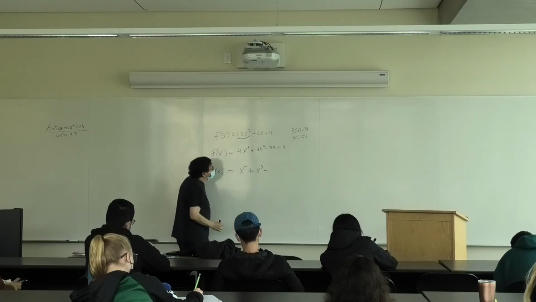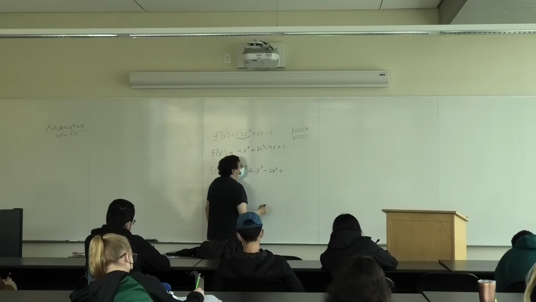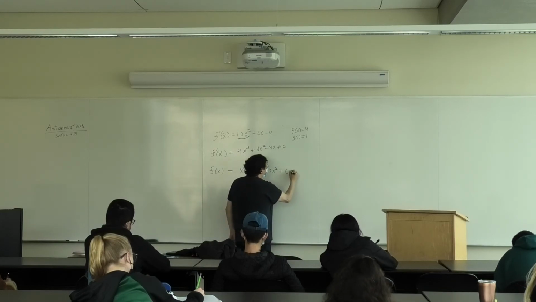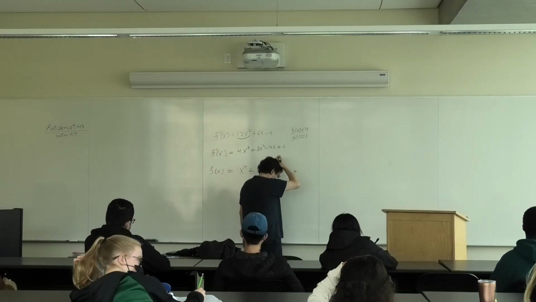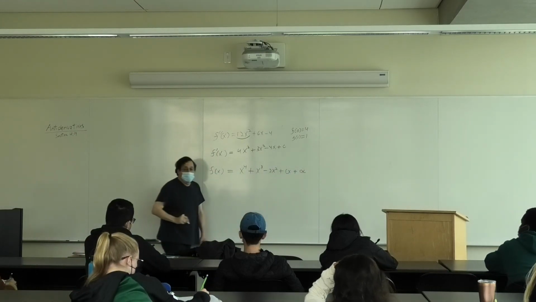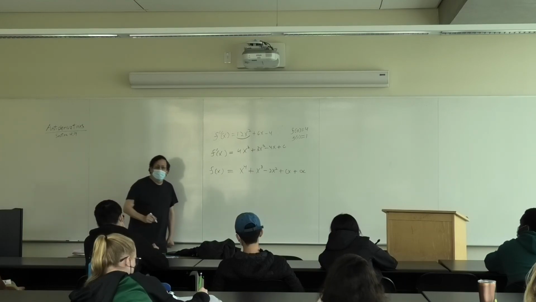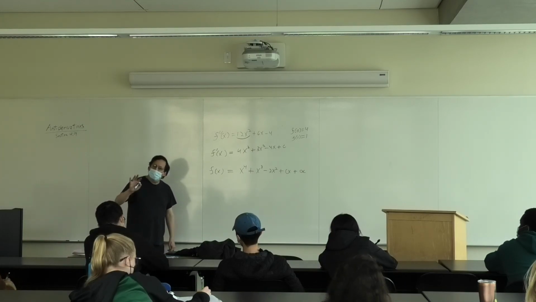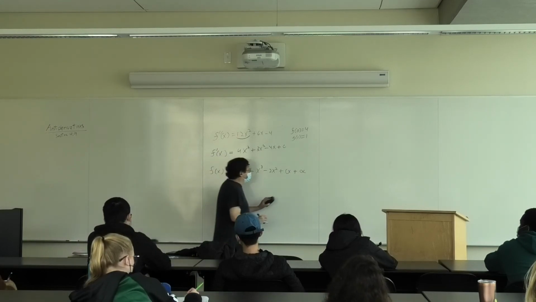Minus 2x squared plus cx plus alpha. Okay. Some other letter, some other constant. I apologize. I like your alpha. I love Greek letters, but I'm just going to call this D.